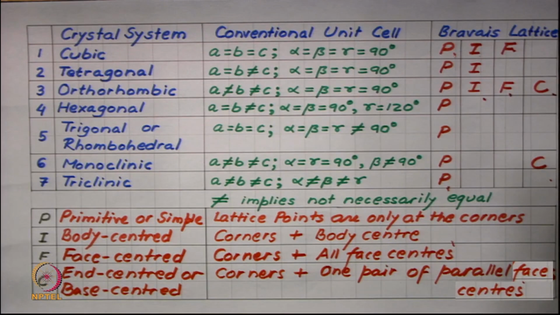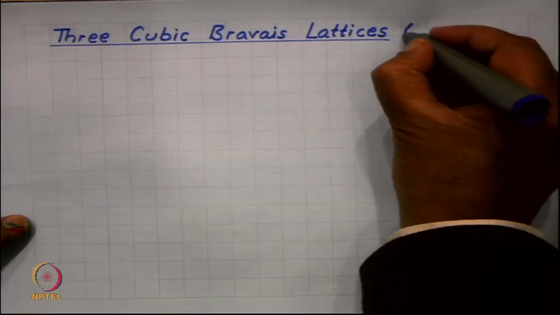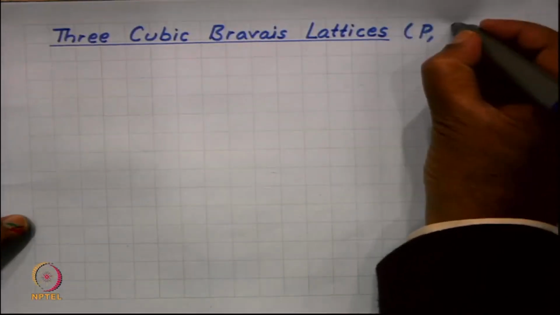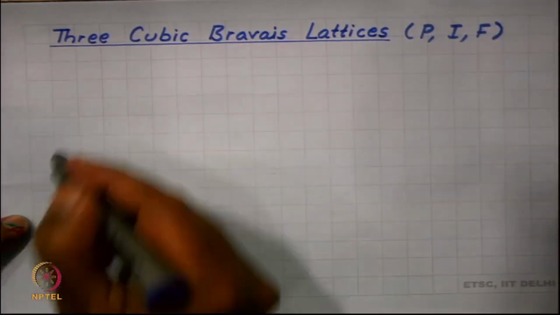Let us familiarize ourselves a little bit more with these Bravais lattices. So, let us look at the 3 cubic Bravais lattices. In the cubic system we said we have P, we have I and we have F. So, what do they look like?